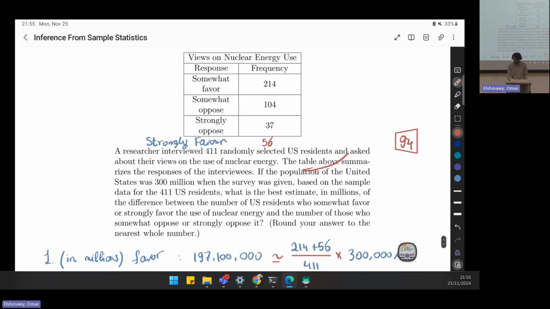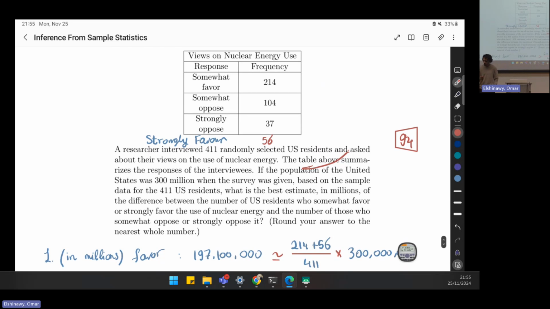So what we did here is we made the assumption that the samples that we picked exactly mimic or very closely mimic the behavior of the whole population. So we say if 214 plus 56 people out of 411 are for nuclear energy, then I take this ratio and apply it to the whole population of the United States.